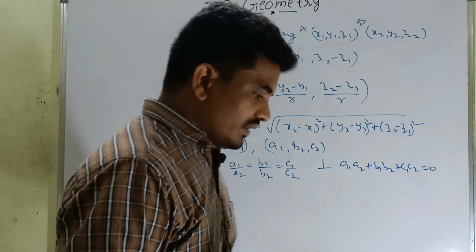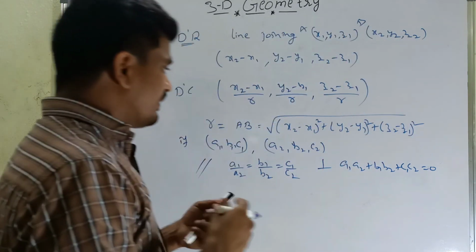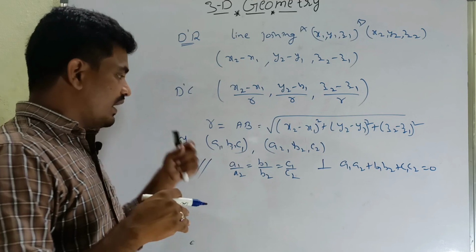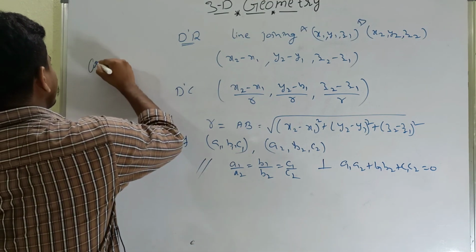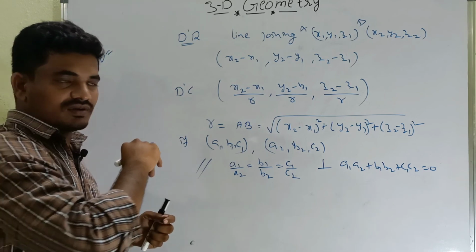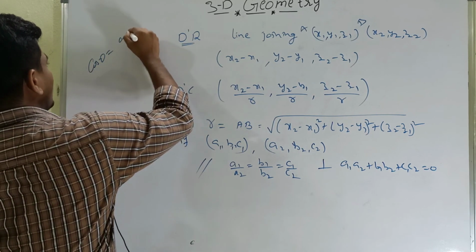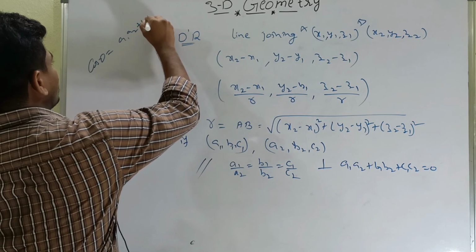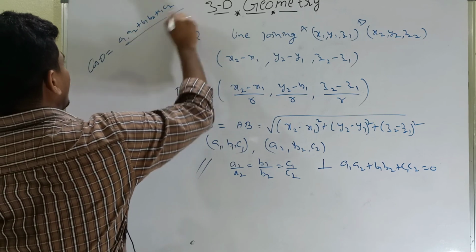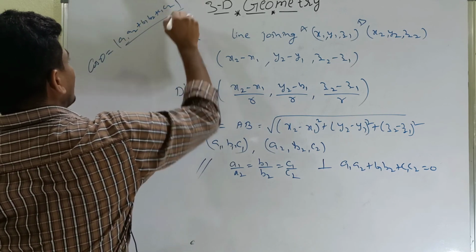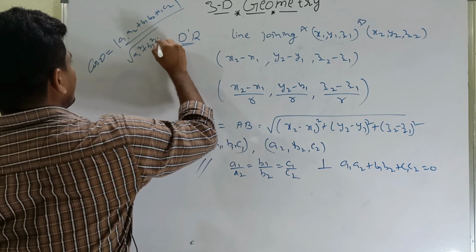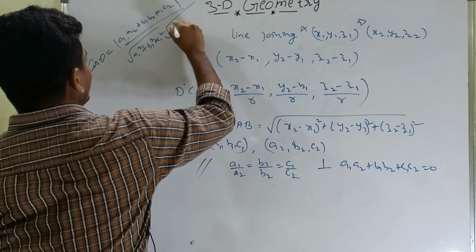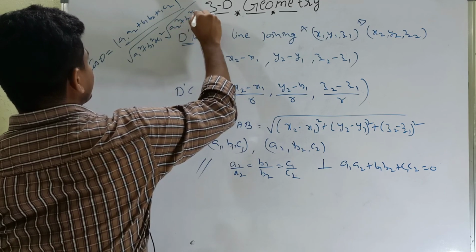And next, the angle between the 2 lines: we can write cos theta equals a1 a2 plus b1 b2 plus c1 c2 divided by the square root of a1 square plus b1 square plus c1 square, into the square root of a2 square plus b2 square plus c2 square.